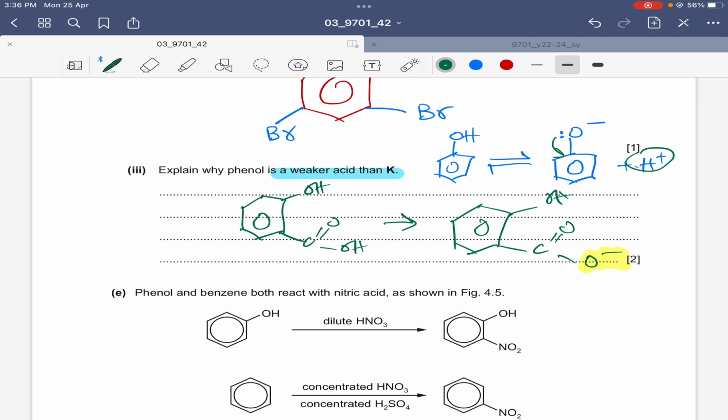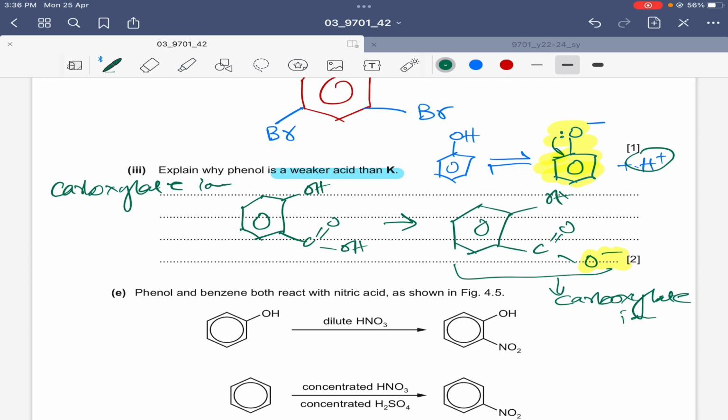This is phenoxide, right? And this is carboxylate. So we say that carboxylate is more stable, and phenoxide is less stable, because in carboxylate the resonance occurs between these two oxygens.